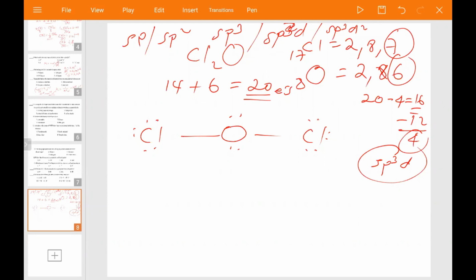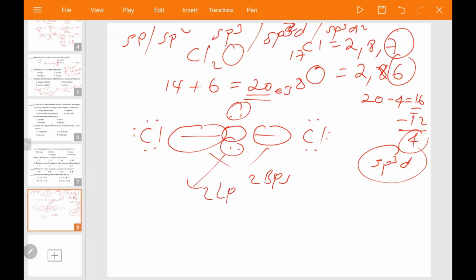For this it is only sp3. There are 4 pairs on the central atom. Around the central atom there are 2 bonding pairs and 2 lone pairs.